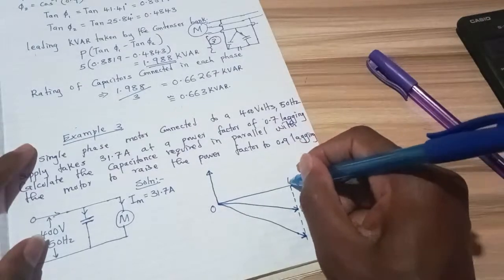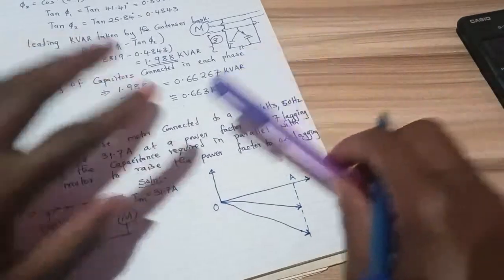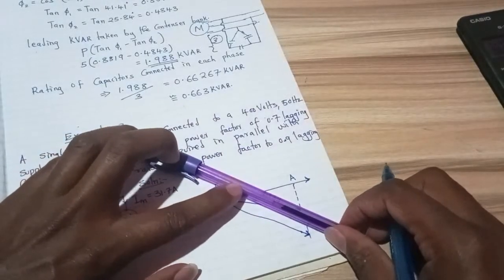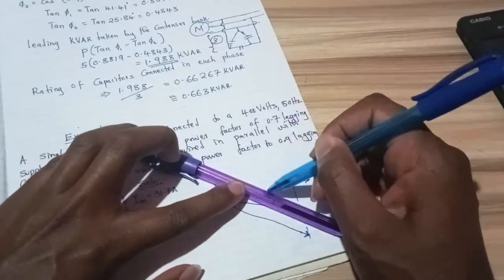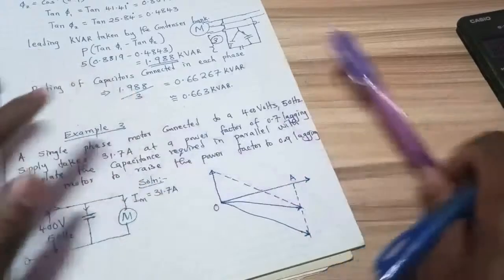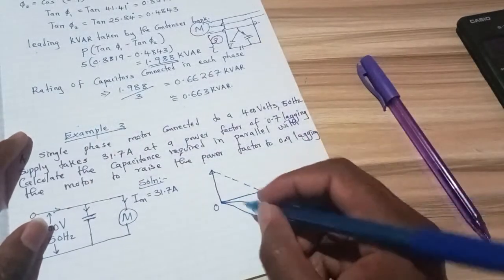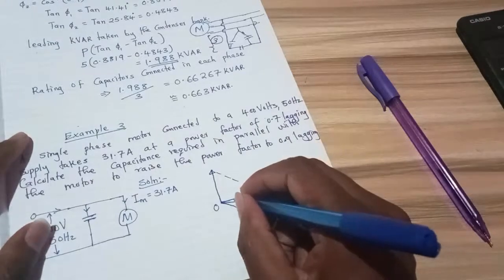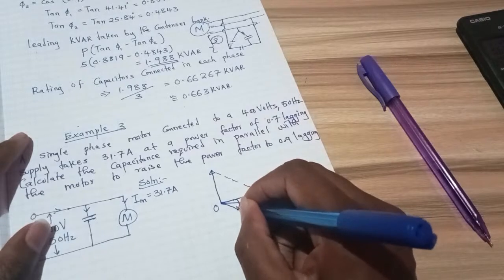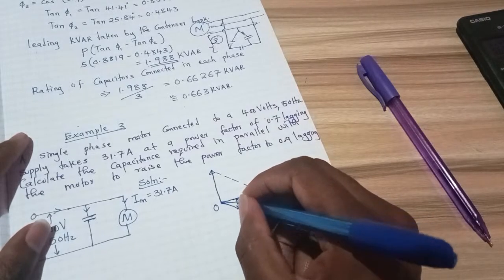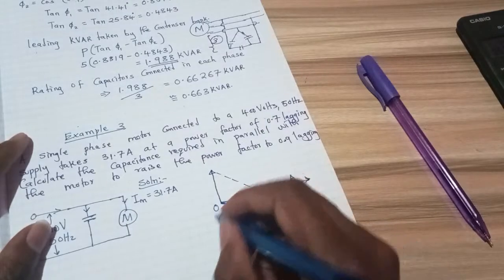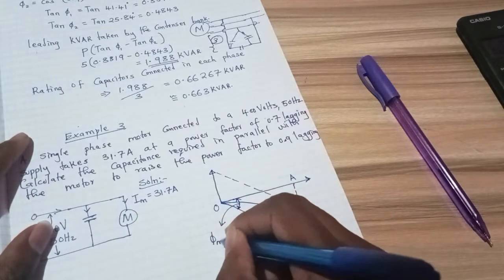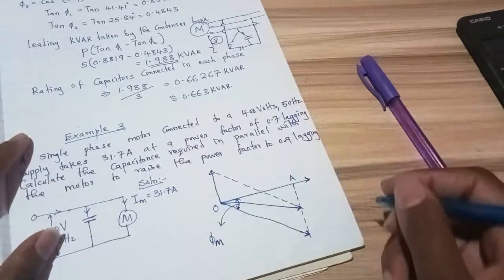So this is our point A, and we have another point like that. Then we have this angle here, and this is our angle phi m. That is the phase angle for the motor.